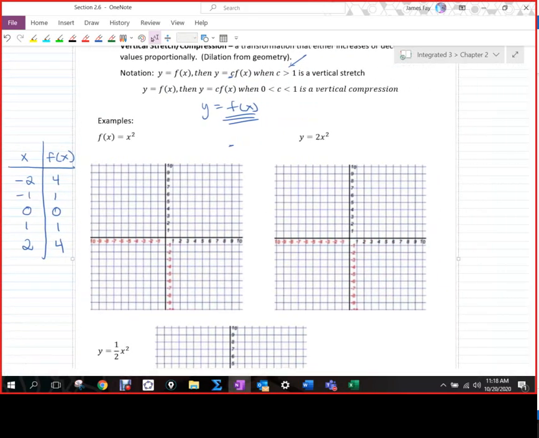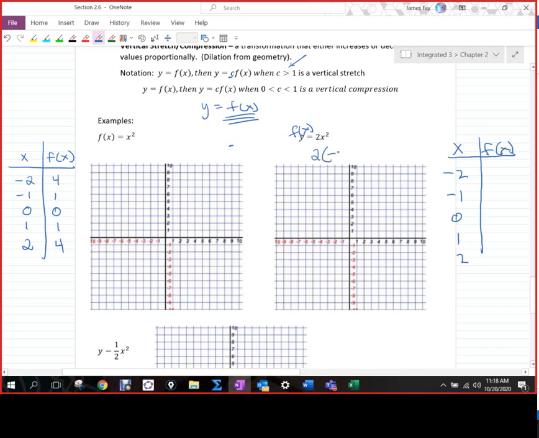If I look at the table for 2x squared, let's go back to what we did in Algebra 1, and this should say f of x here. Again, the same x values of -2, -1, 0, 1, and 2. In Algebra 1, we would take this -2, plug it in and then run through our order of operations, right?